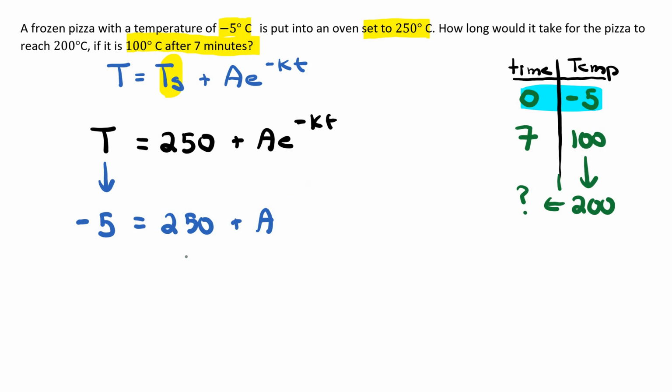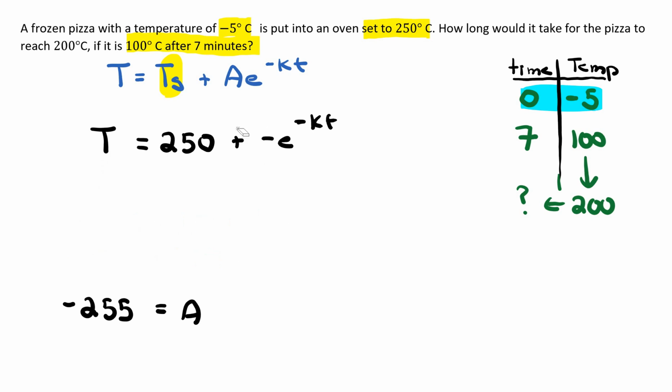Then if I subtract 250 from both sides, I get -255 equaling A. So I'm going to erase all this, and I'll update that to be -255 for the value of A. All right, I'll erase all that.